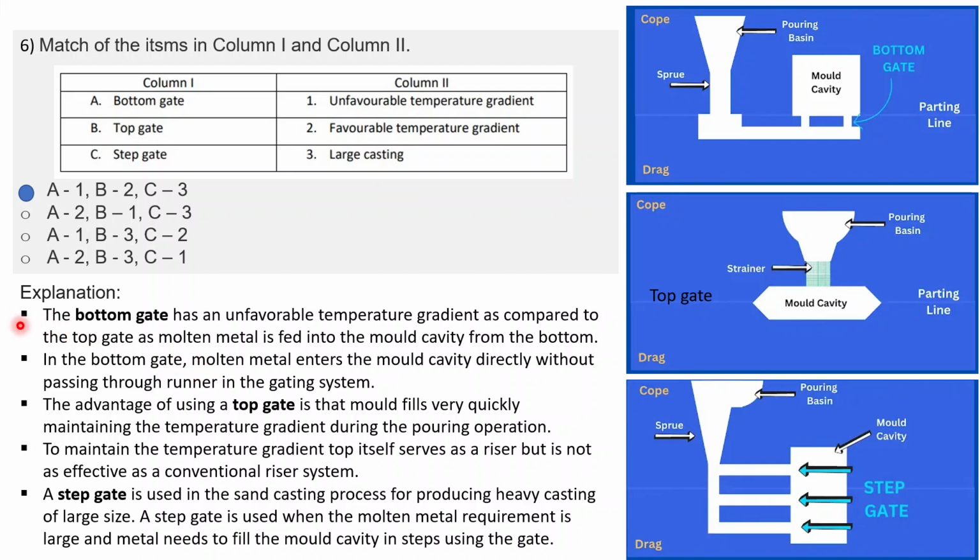Here the bottom gate has an unfavorable temperature gradient as compared to the top gate, as molten metal is fed into the mold cavity from the bottom, and in the bottom gate, molten metal enters the mold cavity directly without passing through a runner in the gating system. The advantage of using a top gate is that the mold fills very quickly, maintaining the temperature gradient during the pouring operation.